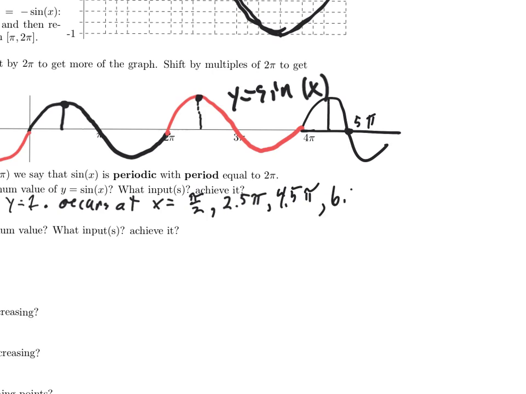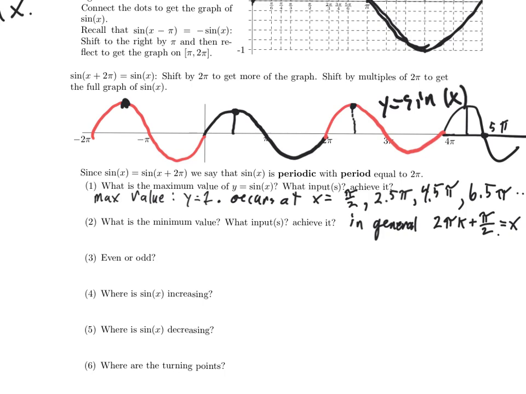The next one, 6.5 pi, and so on. So it looks like there's a maximum at everything that looks like an even multiple of pi plus half of pi. So in general, it looks like there is a maximum at everything that looks like 2 pi k plus pi over 2. And as a reminder, that's the x value.